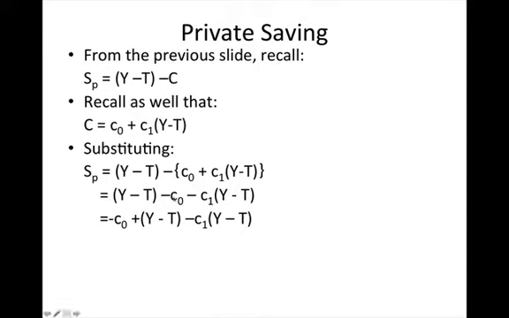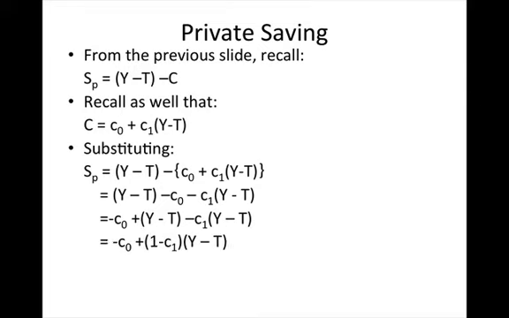Let's put the minus autonomous consumption at the front of the equation. So private saving is equal to negative autonomous consumption plus disposable income minus the product of the marginal propensity to consume and disposable income.